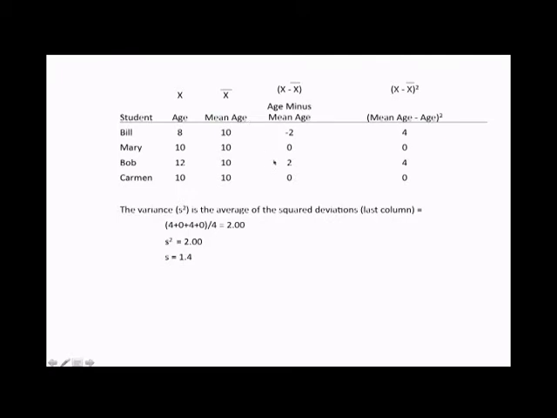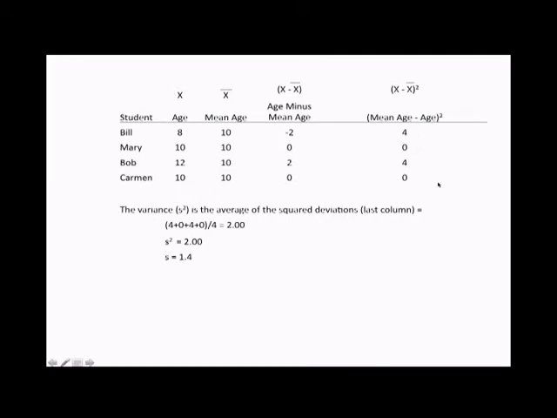Then for each student, we'll figure the difference between their age and the mean age. So 8 minus 10 is minus 2, 10 minus 10 is 0, 12 minus 10 is 2, 10 minus 10 is 0. Then for each of those differences, we square it. We get 4, 0, 4, and 0.